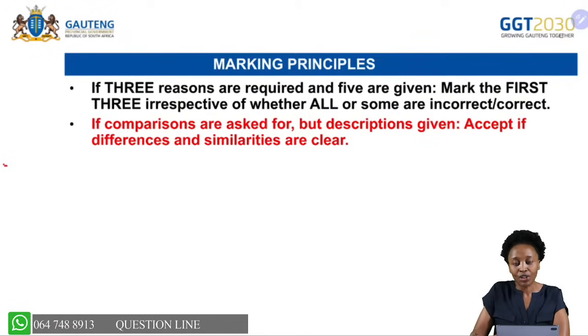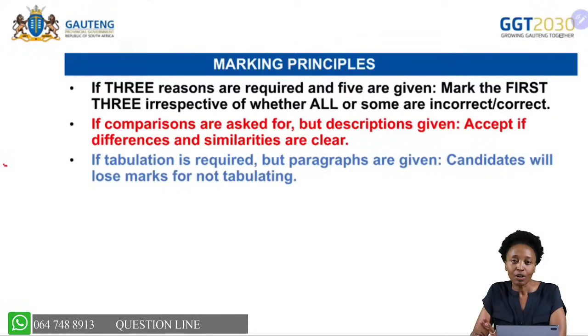Also, if the question has asked you for the comparisons, it is important that you write what is expected, the comparisons. If you've given descriptions, those will only be accepted if they are clear. Thirdly, if the question has asked you to tabulate, that is exactly what we are asking you to do.